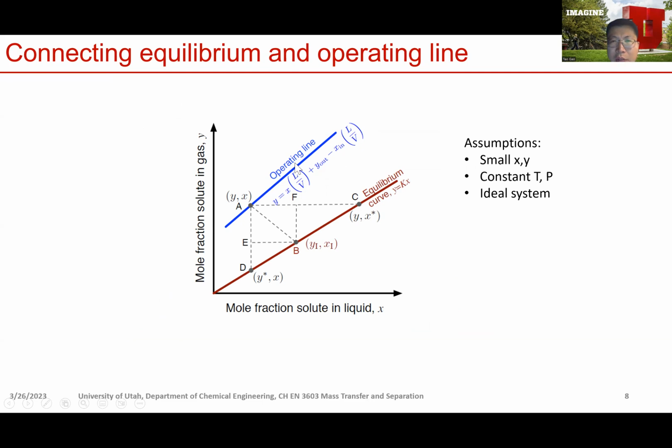For the operating line to be a straight line, L and V need to be constant, which is derived based on the assumption that we have dilute solutions, so X and Y are small. Then the equilibrium curve is a straight line. That means K, the slope of this line, is a constant, and only when temperature and pressure are constant and the system is ideal can we reach that conclusion.